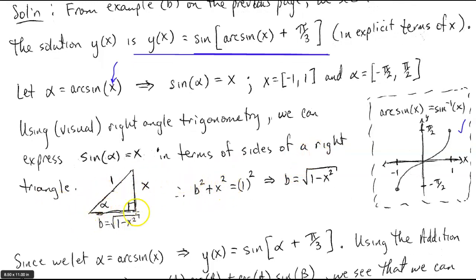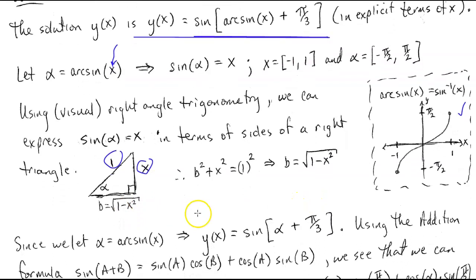And what we essentially do here is we're changing something from trigonometric form to algebraic form. And so we know that x is going to be opposite over hypotenuse. And of course, the side b, if we do what's better known as Pythagoras Theorem, even though it's not Pythagoras Theorem, we end up getting b is equal to the square root of 1 minus x squared.